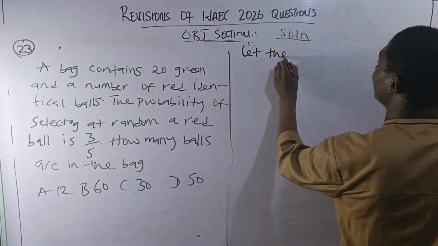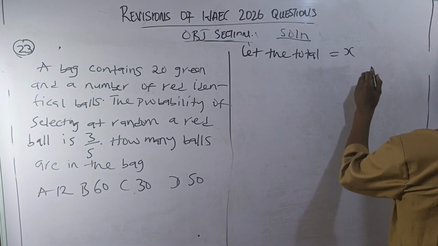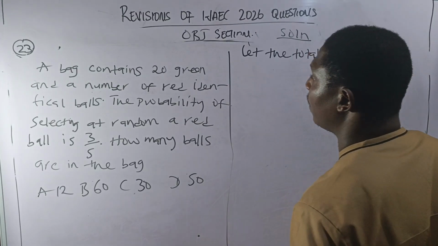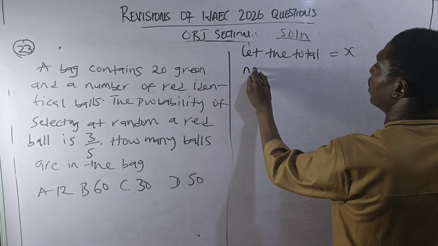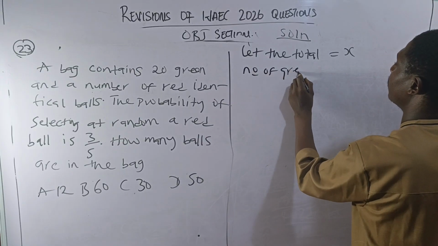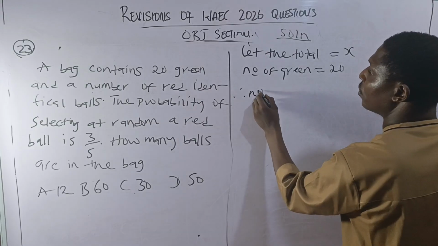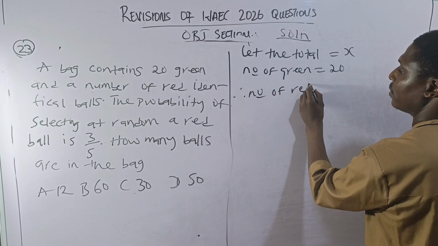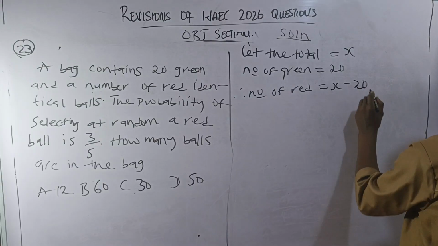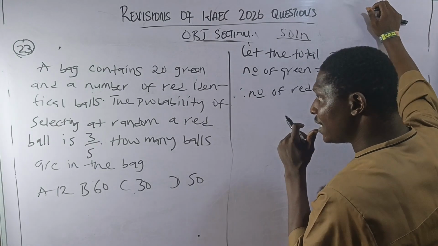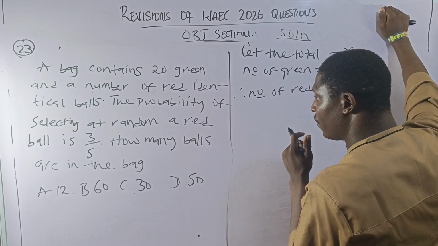Let the total number of balls in the bag be X. The bag has 20 green, so the number of green is 20. Therefore, the number of red will be X, the total balls, minus 20.